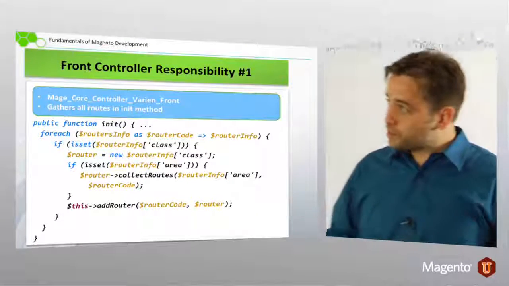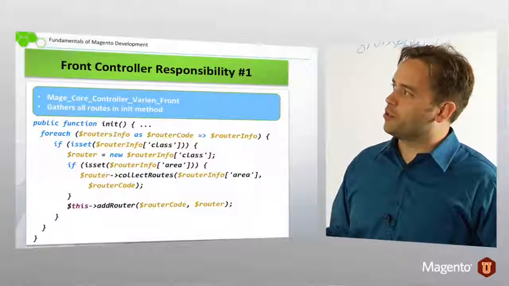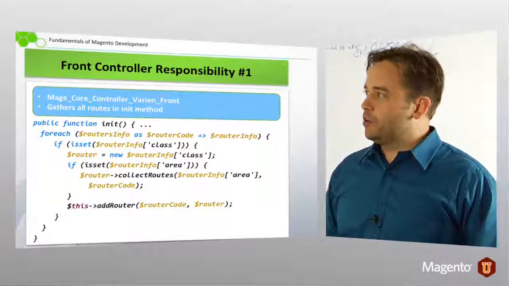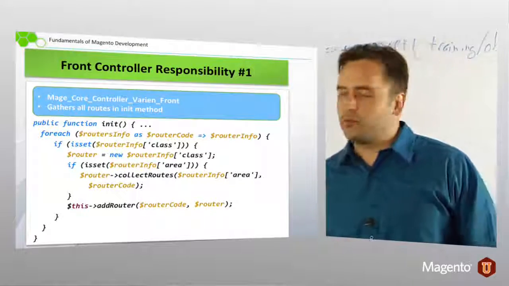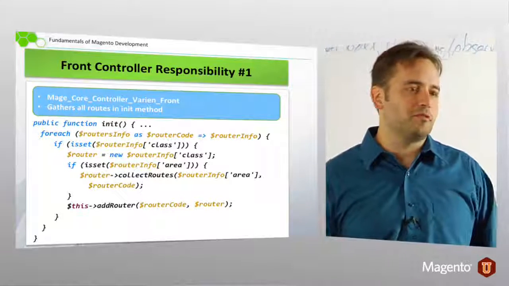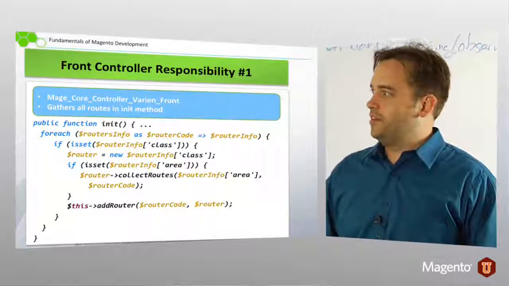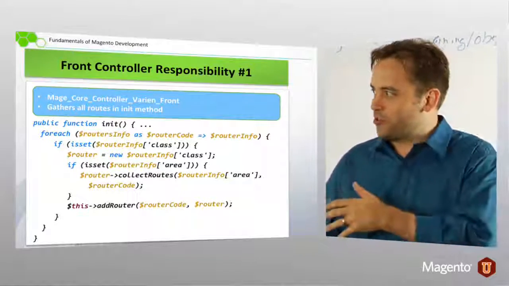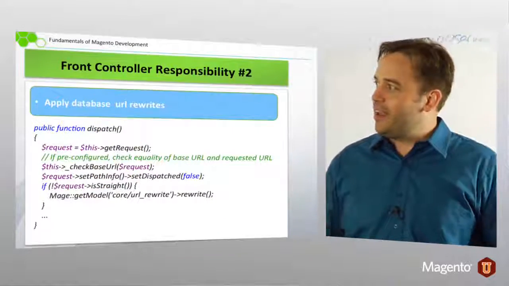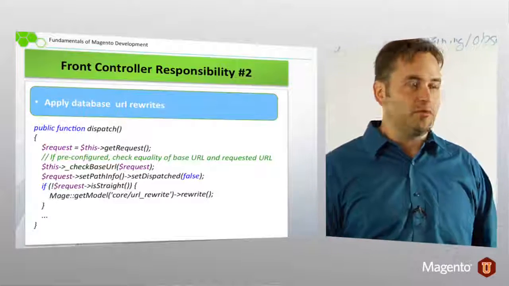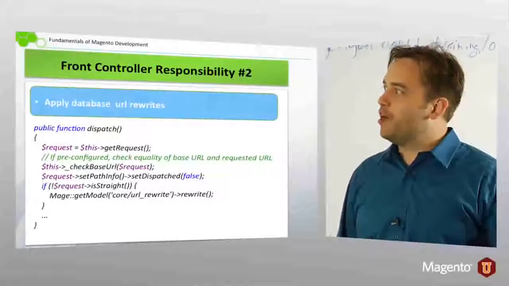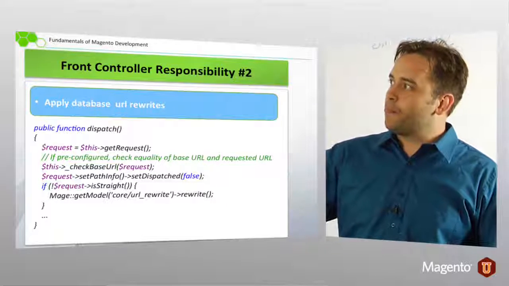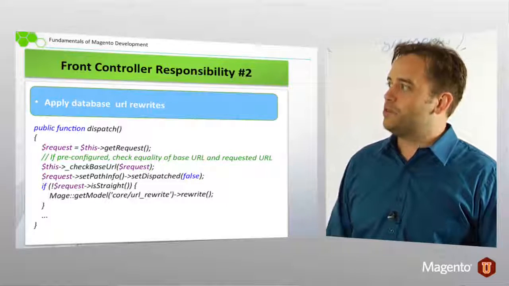So, inside our front controller, there's this init method, and what we really do is we loop through our configuration files and build out a bunch of information. Just build out this array structure and add a router that we can then use to hopefully dispatch requests. So when then inside of dispatch, we apply database URL rewrites.